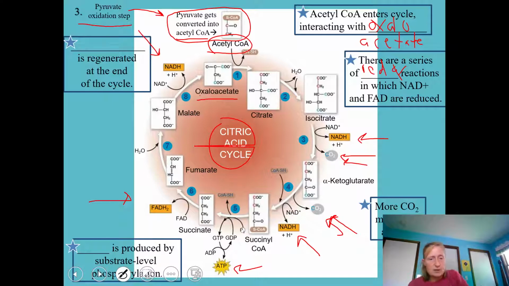Carbon dioxide molecules are lost. ATP is produced by substrate level phosphorylation. And at the end of this all, we started with oxaloacetate, we end with oxaloacetate. Those are the most important things to remember about the citric acid cycle.